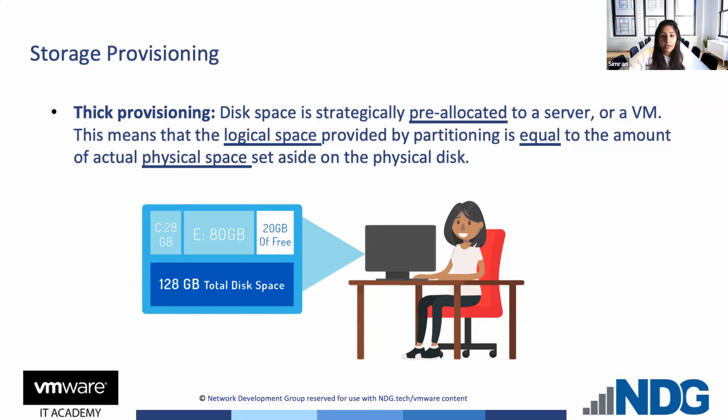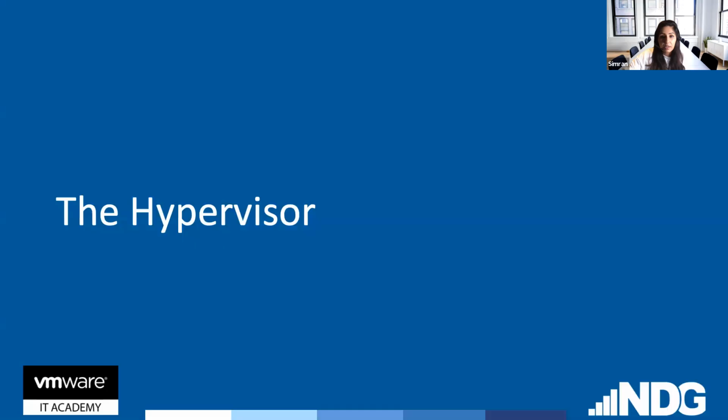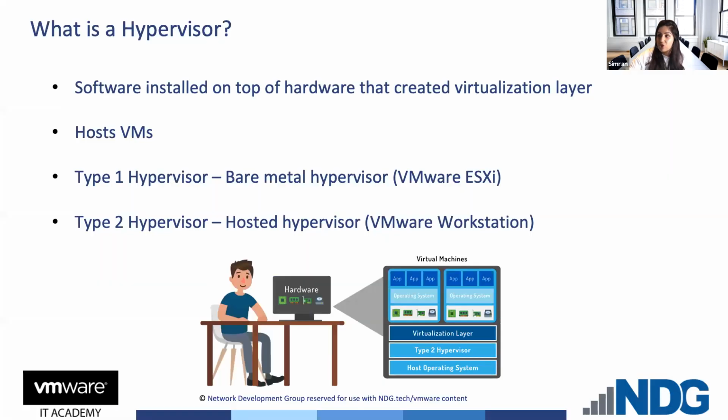So now let's talk about hypervisors, right? And before I get more into what virtualization is, and I know I've mentioned a few words here and there, let's talk about this idea of hypervisor first. Now, essentially, a hypervisor is a software layer that really coordinates all your virtual machines.